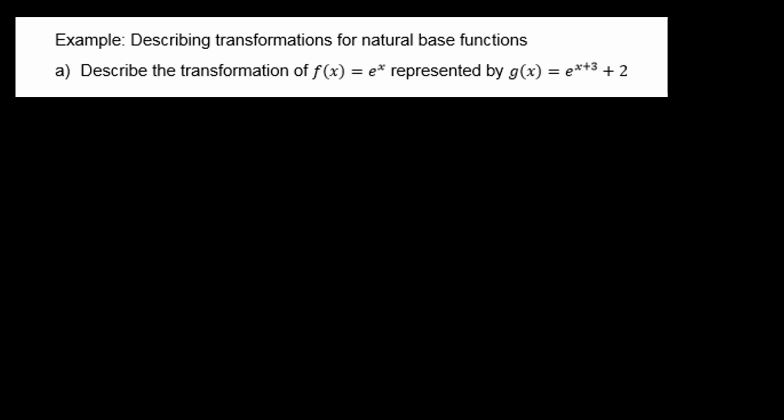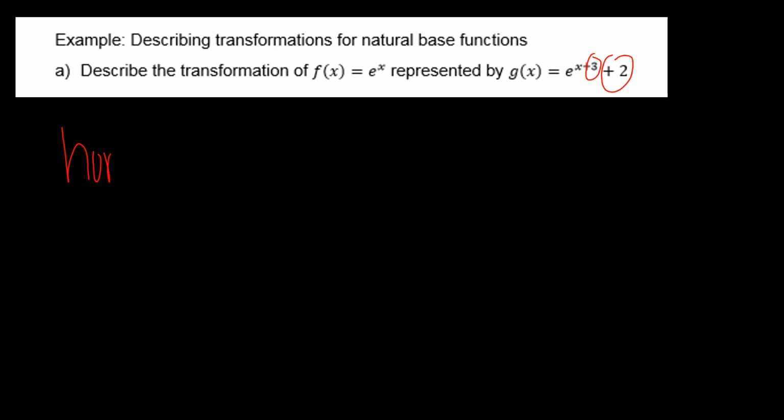Okay, our next one. Describe the transformation of f of x equals e to the power of x, represented by g of x equals e to the power of x plus 3 plus 2. So just because the base is e doesn't mean anything is different. We're still just looking for differences. So from f to g, we now have plus 3 and we have plus 2. So plus 3 is attached to x.